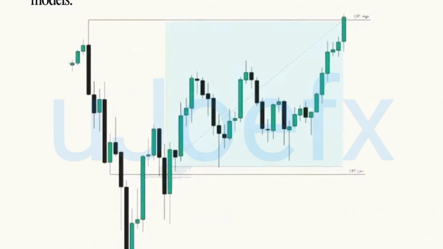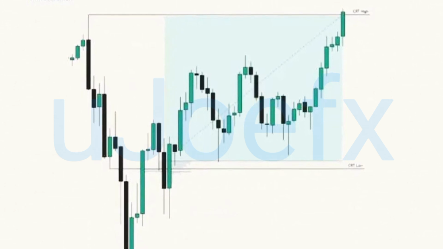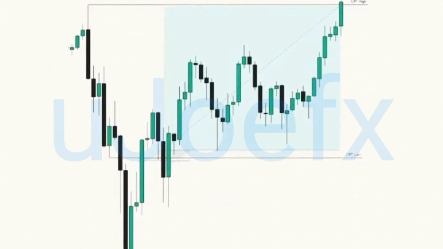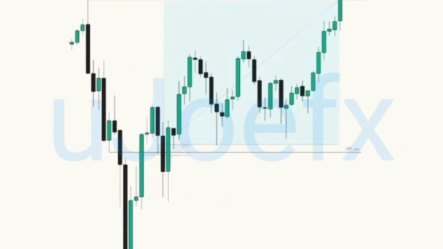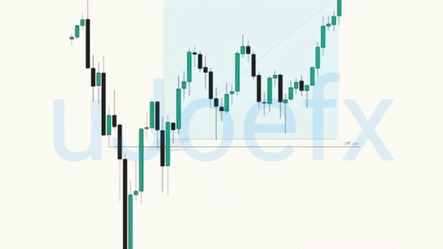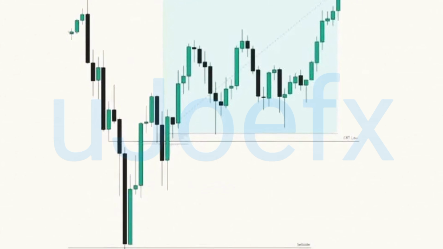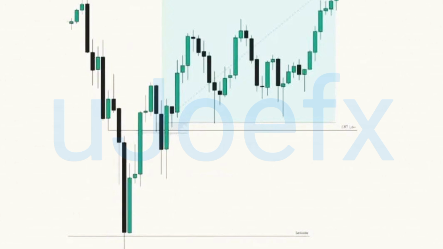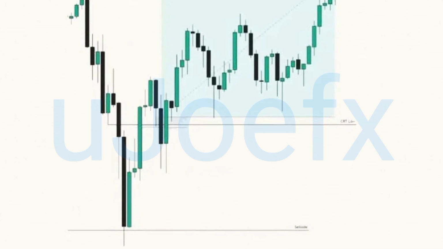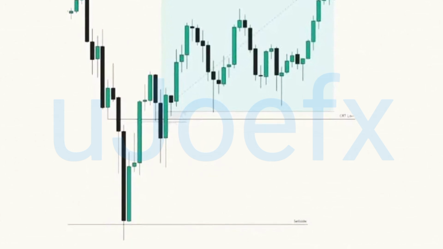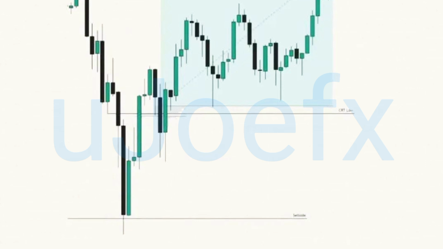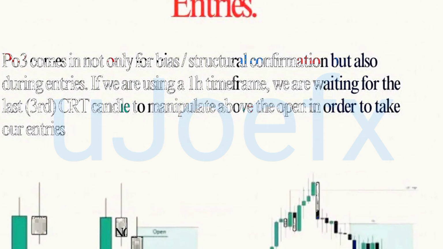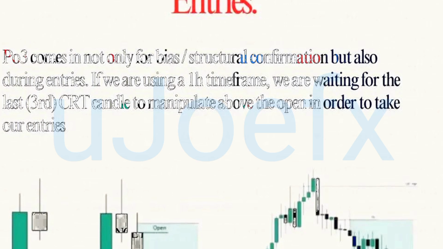Then price went back into the range, and through the help of the PD array there, and another block, that was where we spotted the distribution, and that was how this trade became a profitable trade for everyone who was able to take this particular trade. So pretty much this is the explanatory part of it, and it is very important for us to understand.